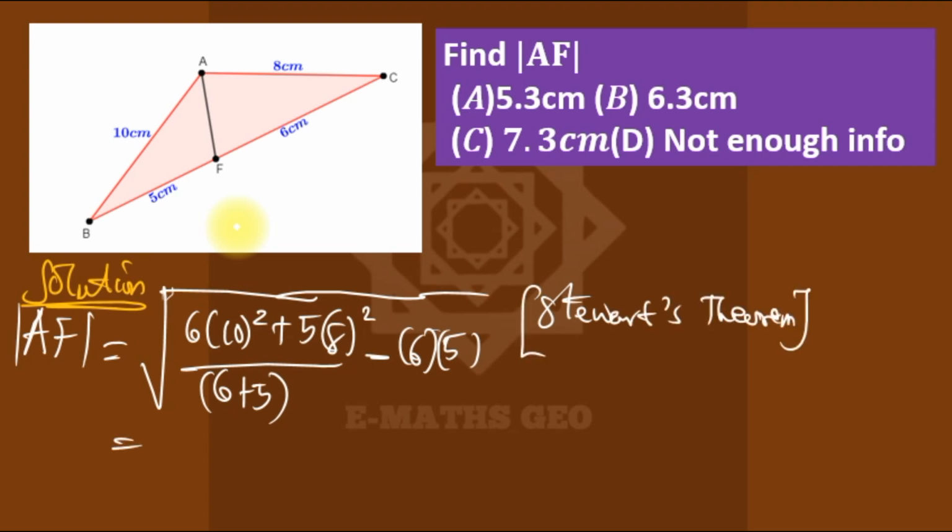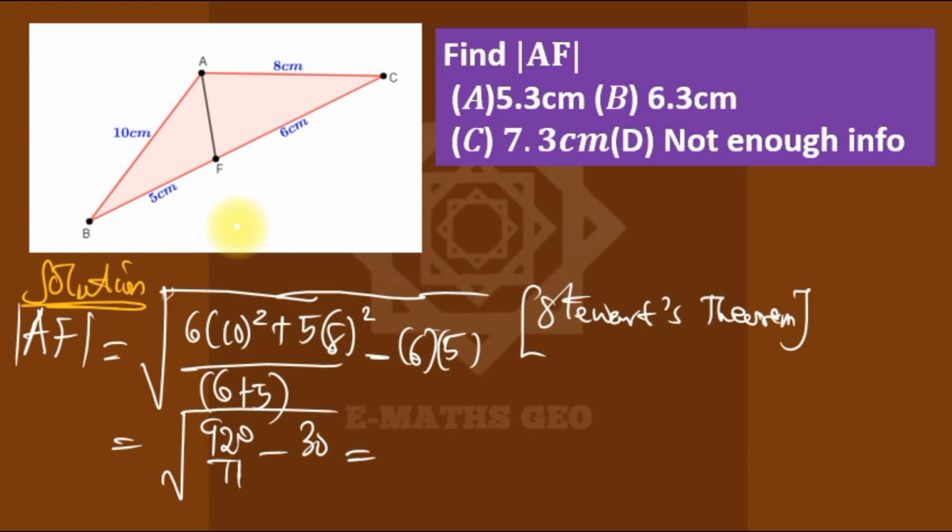So this is now equal to 600 plus 320, that's 920, over 11, minus 30, on the square root. So this is 920 minus 330, that's 590, over 11, on the square root.